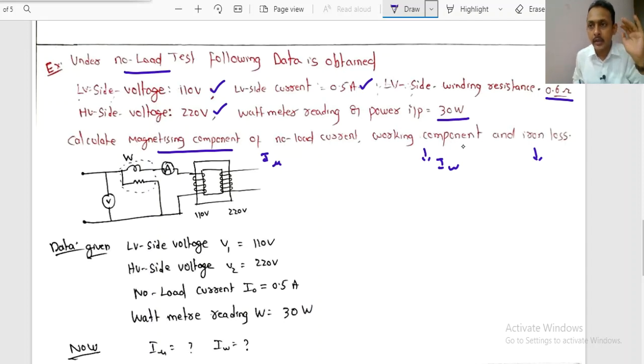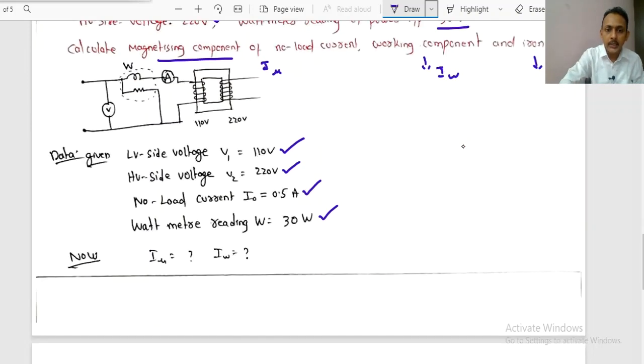Here, the low voltage winding, LV side voltage, is represented with letter V1 equal to 110. High voltage side voltage is represented with variable V2 equal to 220 volt. No load current is represented with I naught, 0.5. Wattmeter reading W equals 30 watt.